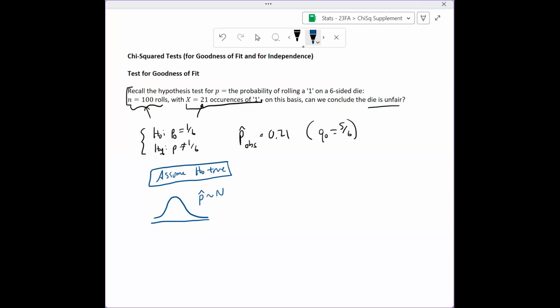Because we assumed H naught is true, the mean of this normal is going to be 1/6. And the standard deviation of P hat is going to be root P naught Q naught over N.